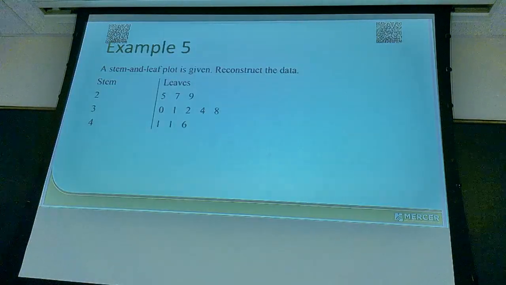What are we told here? A stem and leaf plot is given; reconstruct the data. Fortunately, with Excel, it's kind of difficult to get it to actually look like a stem and leaf plot.